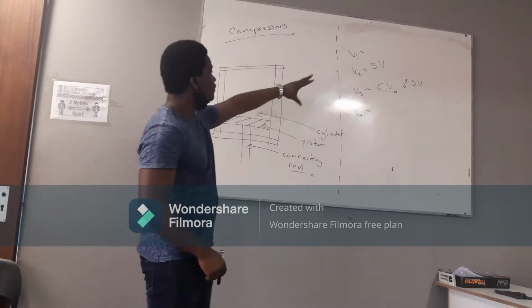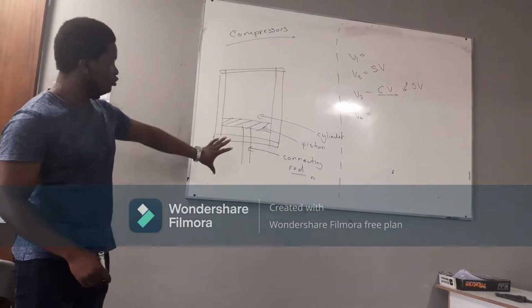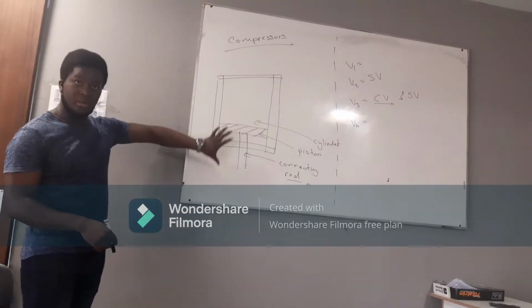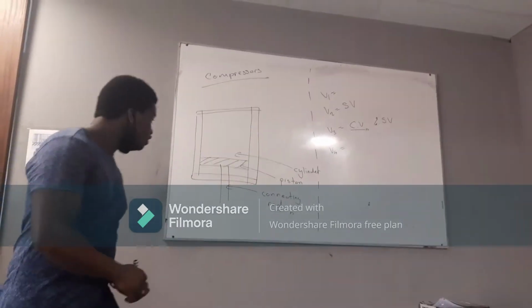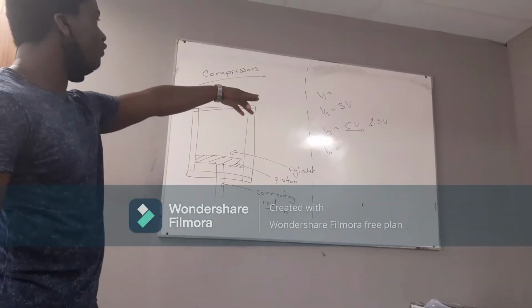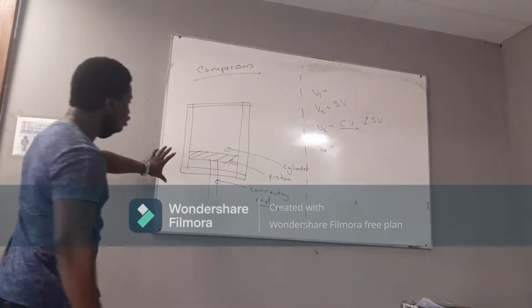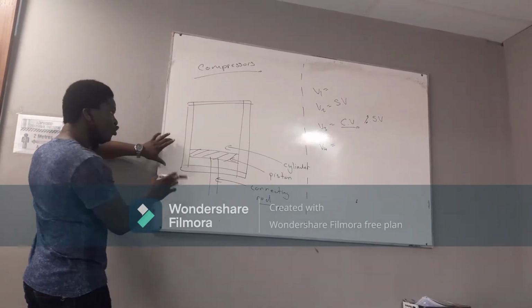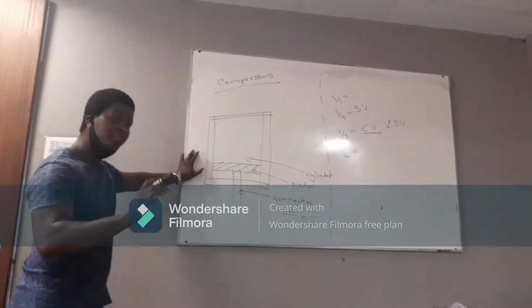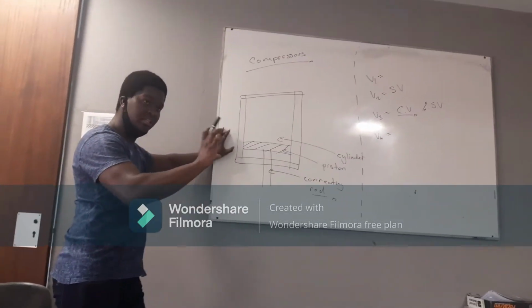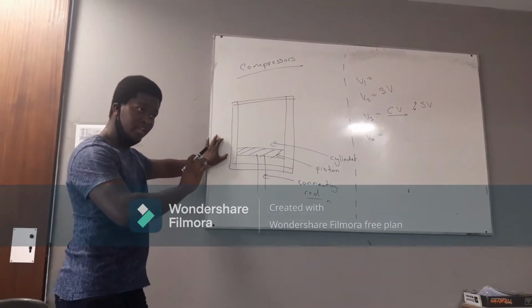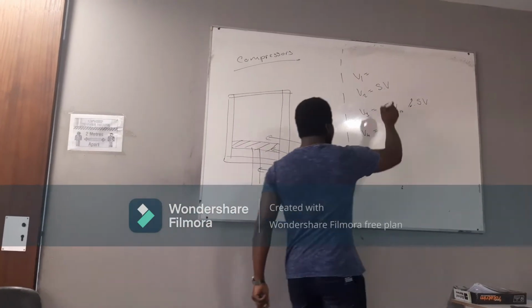Before we move on, let's make use of this diagram so that we can see what we're talking about. Are we together? Okay, so the first part, we've got stroke volume or swept volume. Swept volume is the volume that is drawn in by each movement of the piston. Let's write it down.